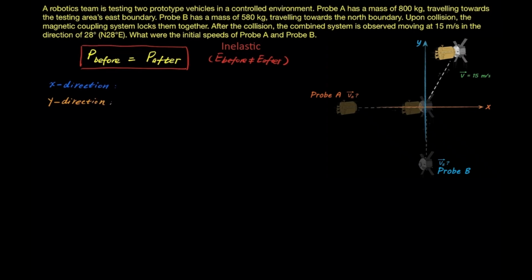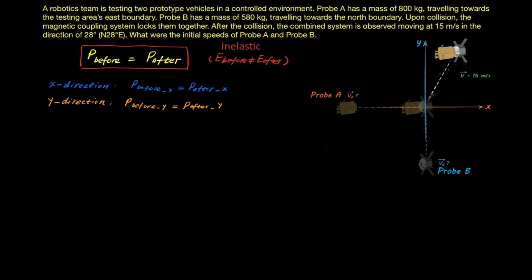So instead of trying to use p before equals p after all at once, we've essentially split it into two equations. For the x direction, we should have p before in x direction equals p after in x direction. And for the vertical direction, we have p before in y direction equals p after in y direction.